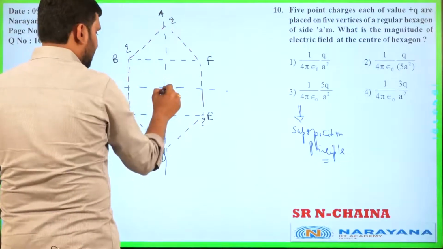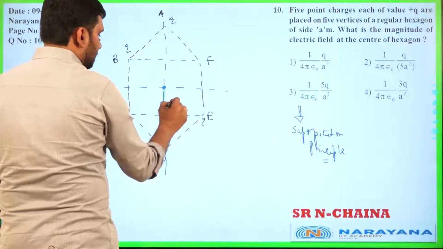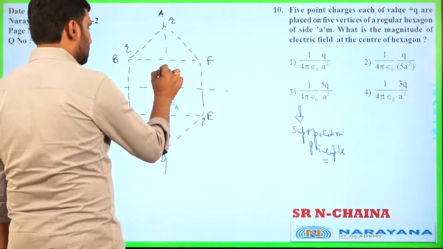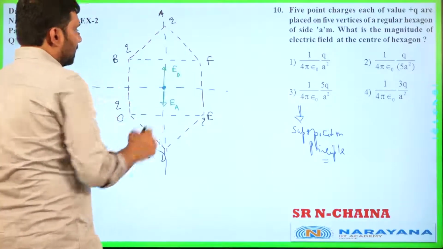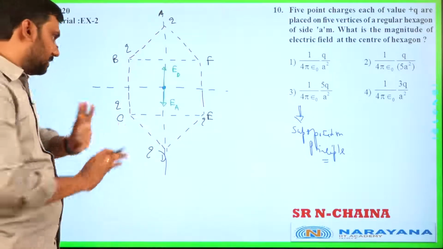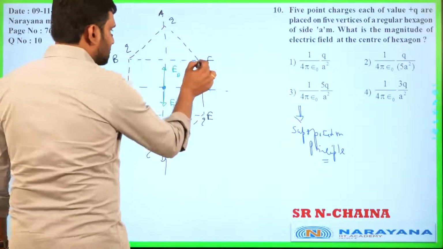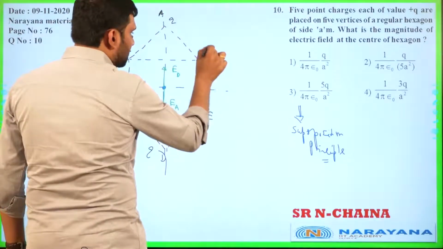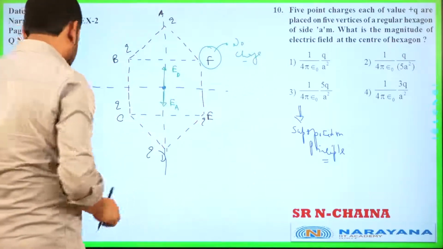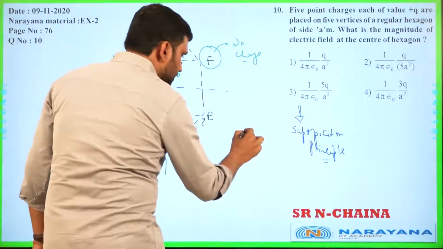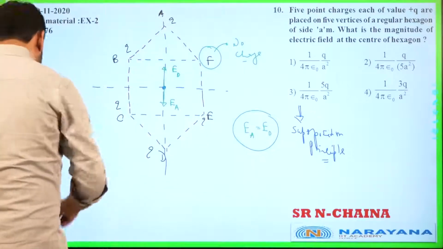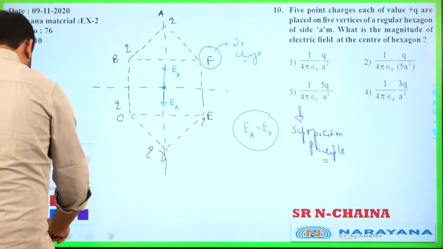If I draw for this A, this is the direction of EA, alright? For D, just opposite. Distance equal, charges are also equal. So mutual cancellation is there, fine, no problem. Suppose at this point I did not put the charge. Here there is no charge. That is given in the question. So EA, ED cancelled.